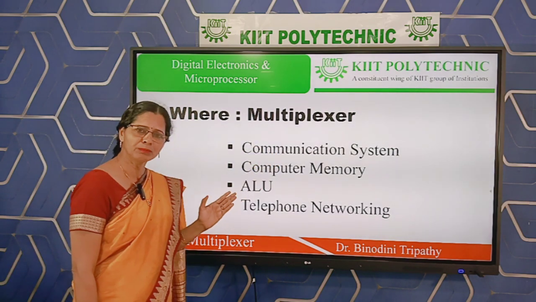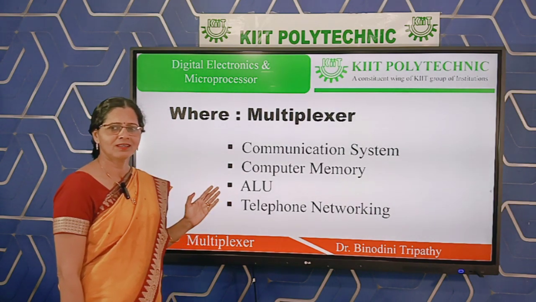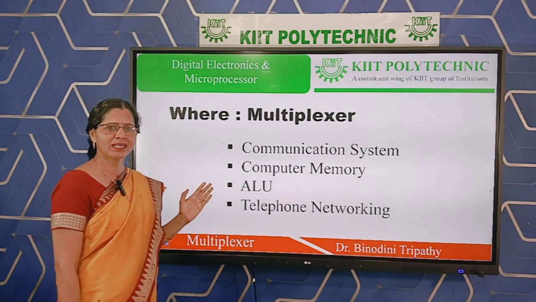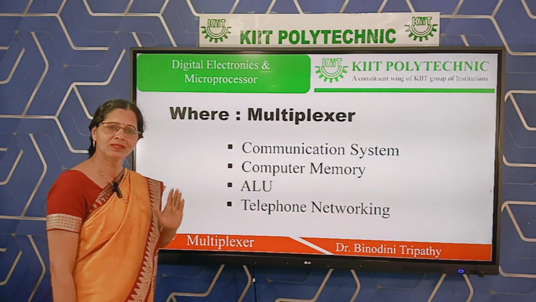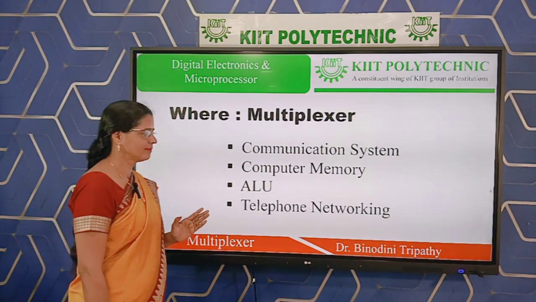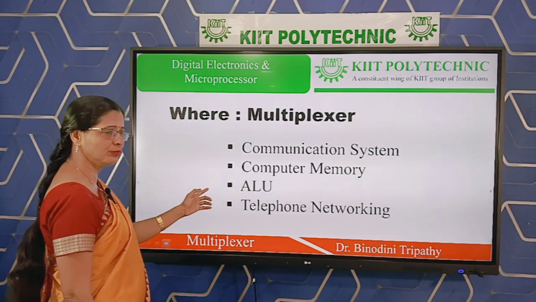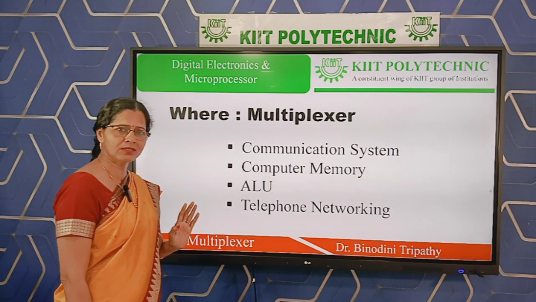Then in computer memory also, please recall while you are studying any computer memory system, there are so many addresses and how we are selecting the addresses, because the multiplexer has the selection capability out of many. Then inside the ALU also you can get the MUX.